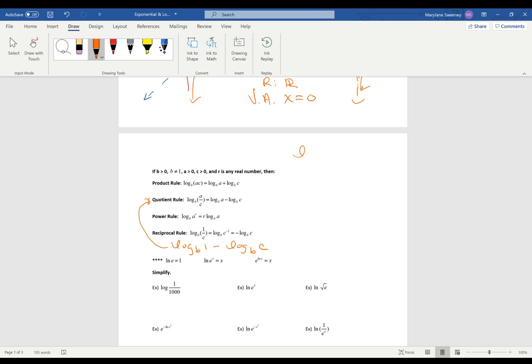So remember with logs, last year we would talk about the lasso method. We would say b to what power is 1? That would be 0. So this is 0 minus log base b of c, which is just negative log base b of c. So that's where the reciprocal rule is coming from. It's really coming from the quotient rule.